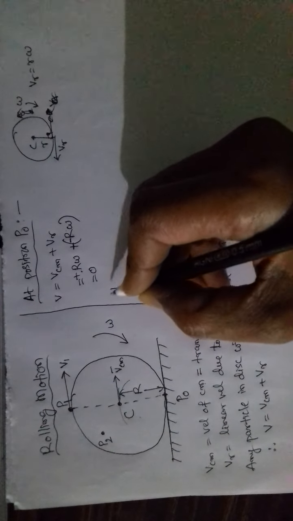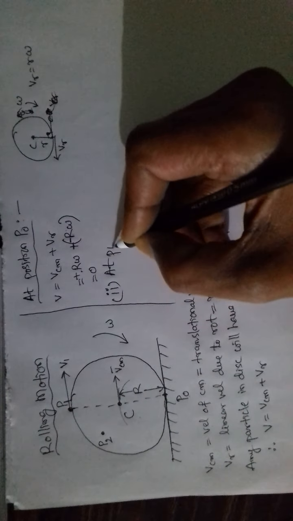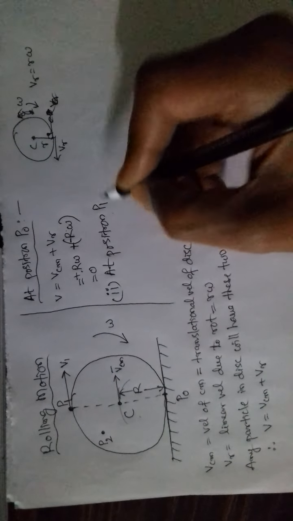Now second, at position P1. Again we write v is equal to VCM plus VR.